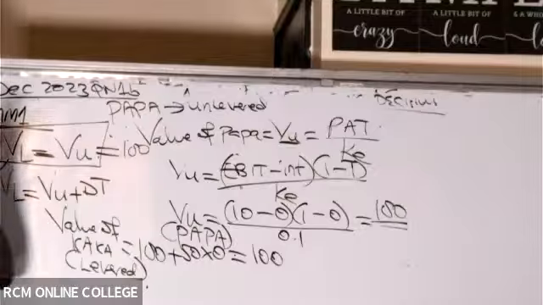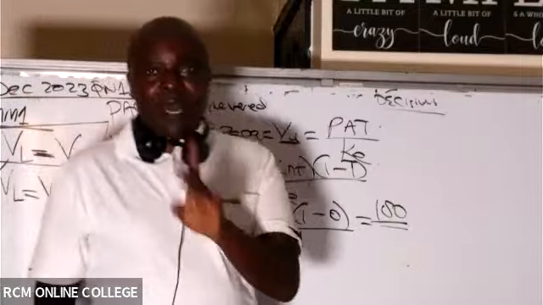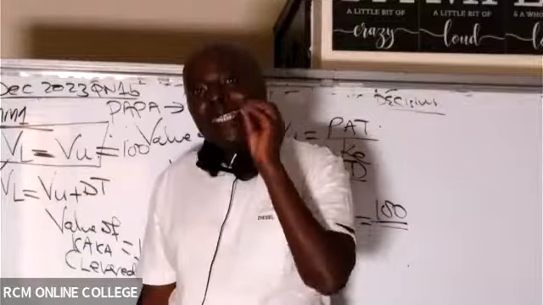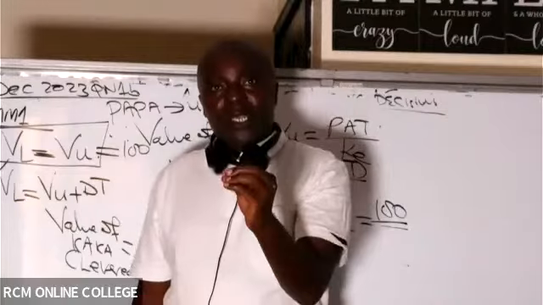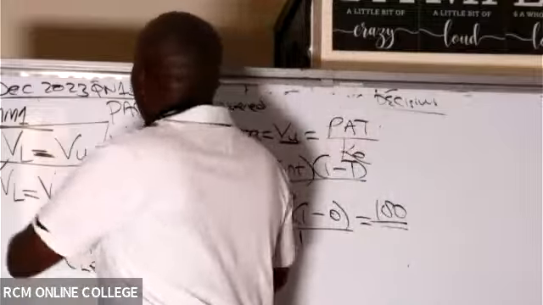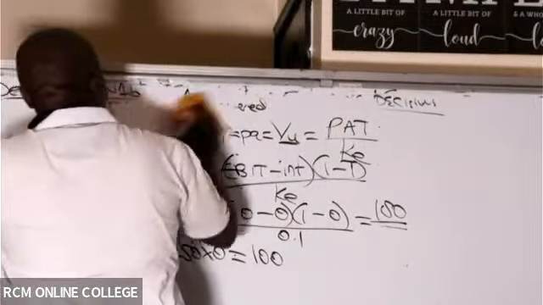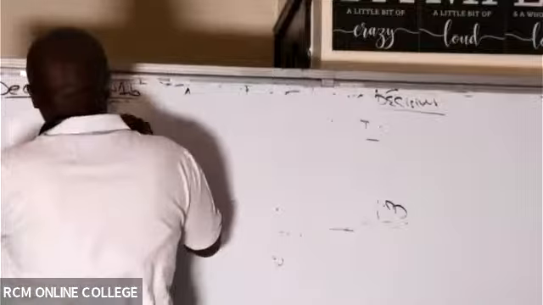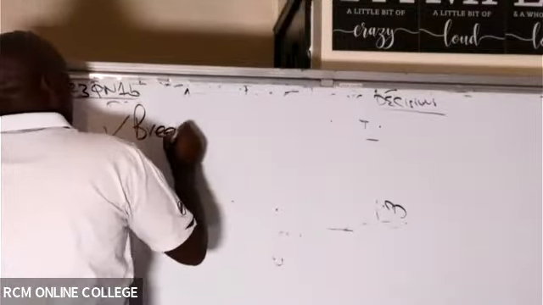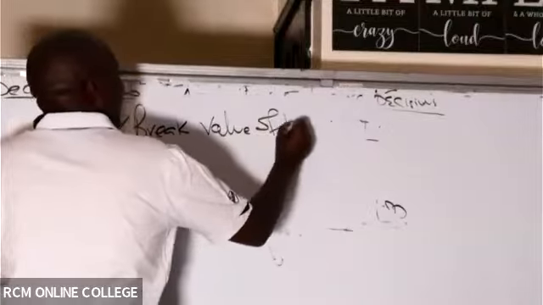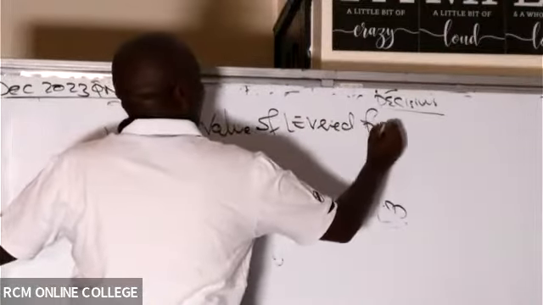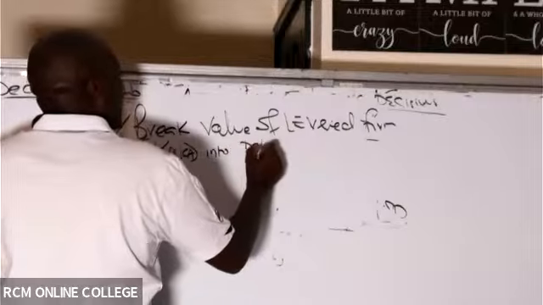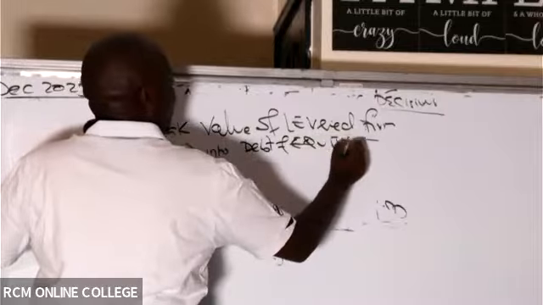Now, ladies and gentlemen, once you've gotten the value of a levered firm, please listen to me. The next thing will be for you to dissect it. Break the value of the levered firm, which is JJ, into debt and equity components.